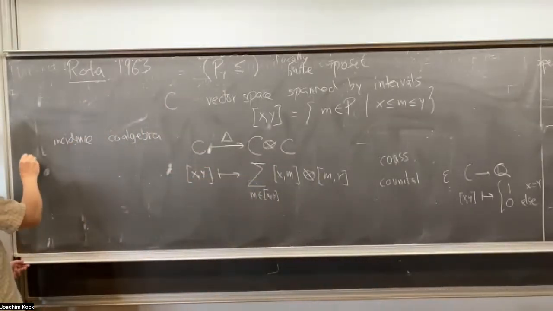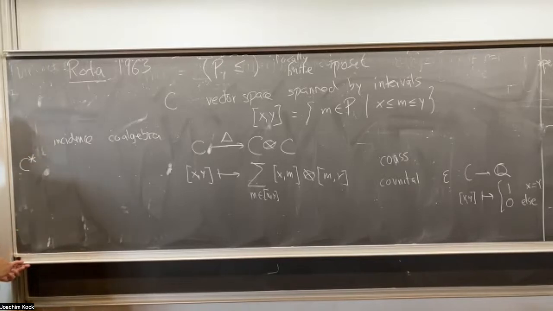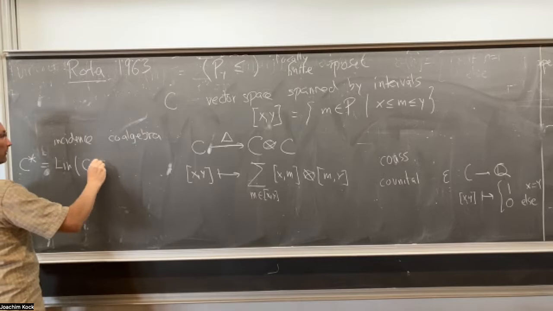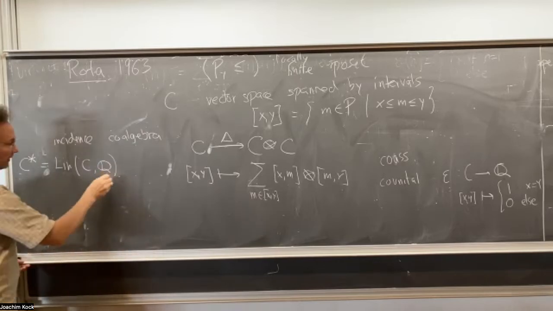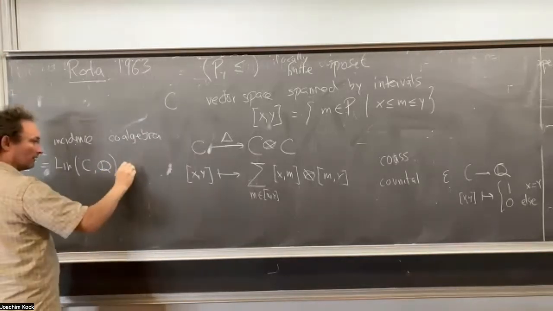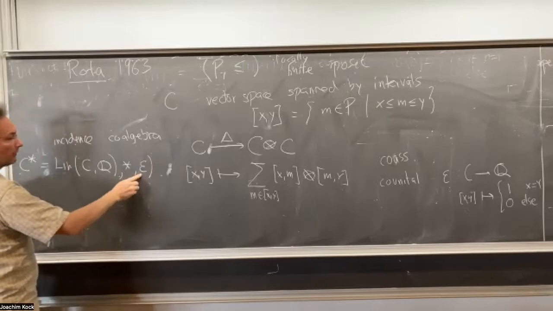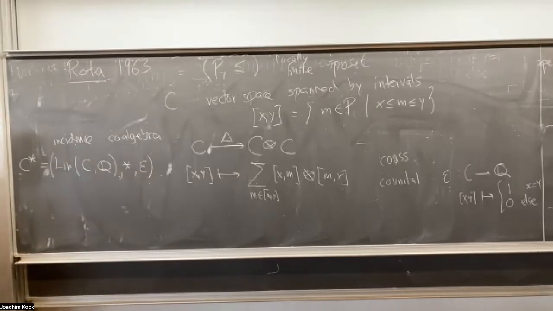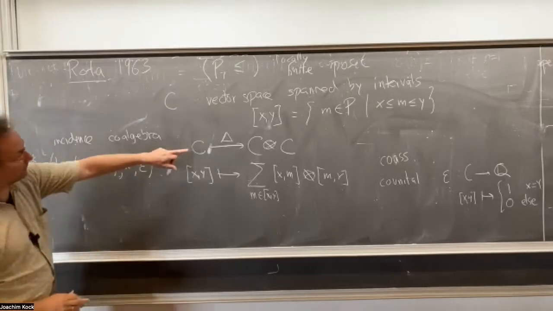Then you can look at the convolution algebra. So this is the vector space of all linear maps from C to the ground field, and it has a convolution product with neutral element epsilon. So this is something you can do whenever you have a coalgebra.